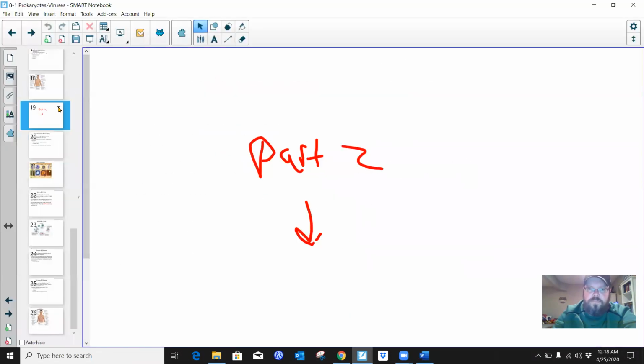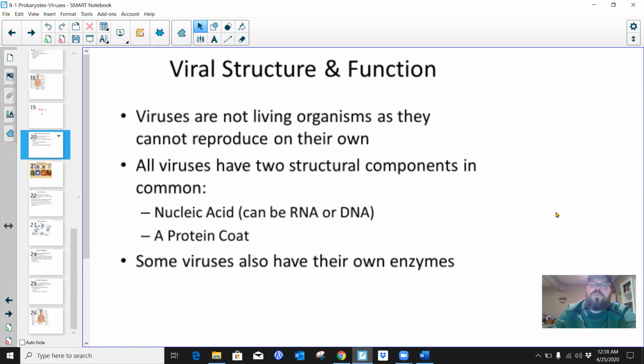So part 2 right now. We're talking viruses for a little bit. Obviously, a lot with the coronavirus in the news and with the world that we're living in right now.